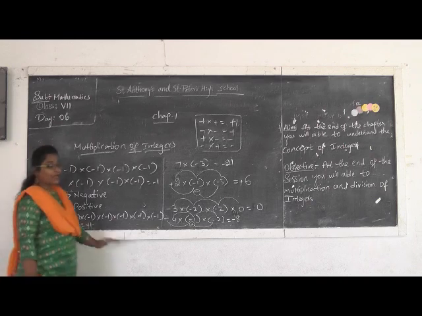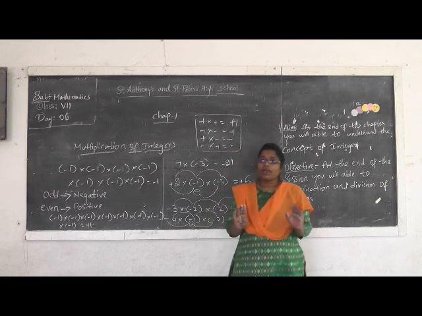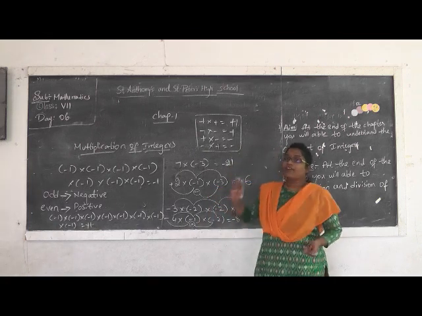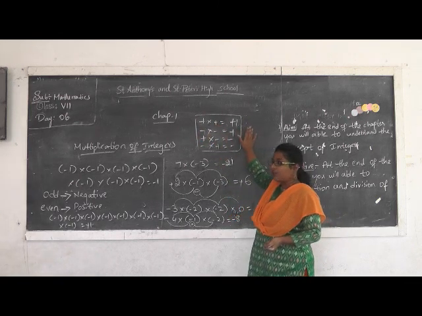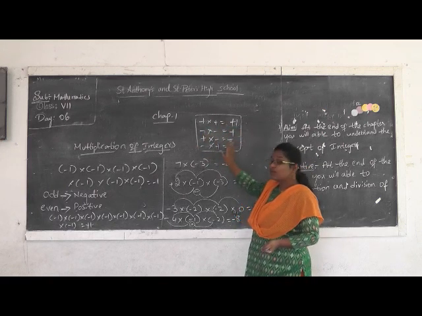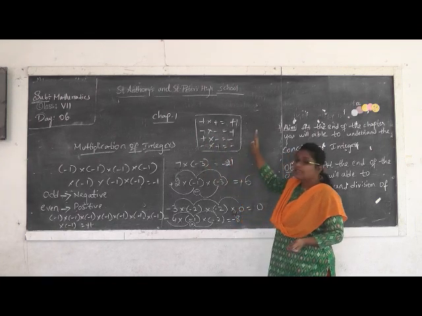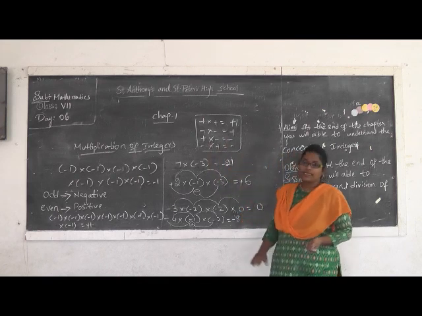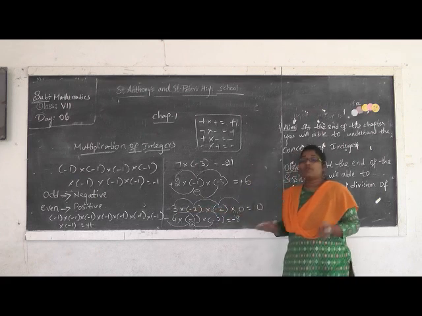Clear? So up to now we discussed the multiplication of integers. You have to remember the rules of multiplication of integers. Whenever we are multiplying two positive integers, the result is positive. Whenever we are multiplying two negative integers, then also the result is positive. Whenever we are multiplying one positive with one negative integer, the result is negative. Whenever we are multiplying negative with positive, then the result is negative. And whenever we are simplifying more than two terms, what is the process?